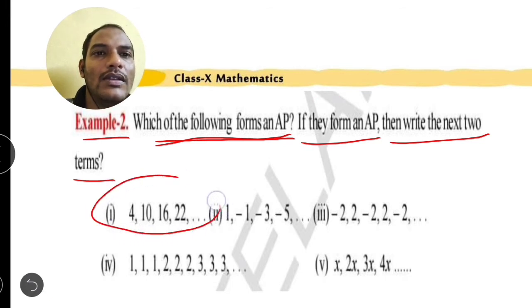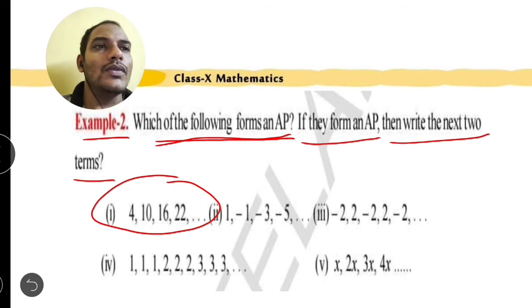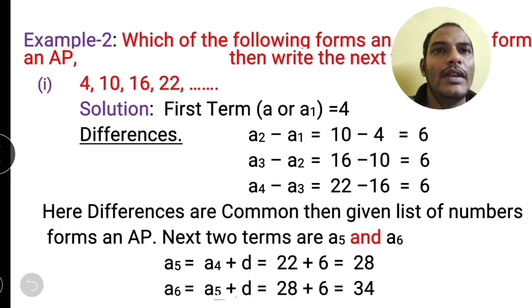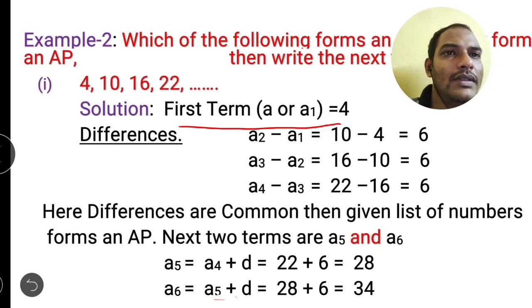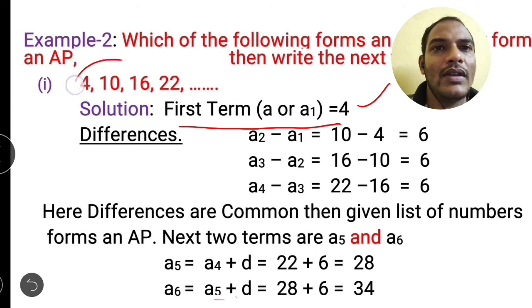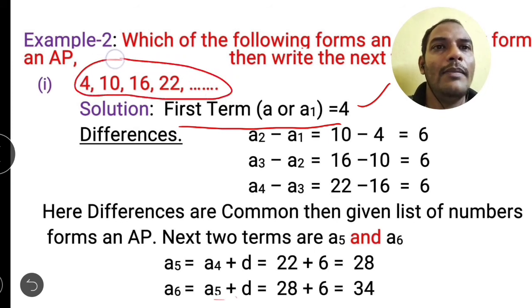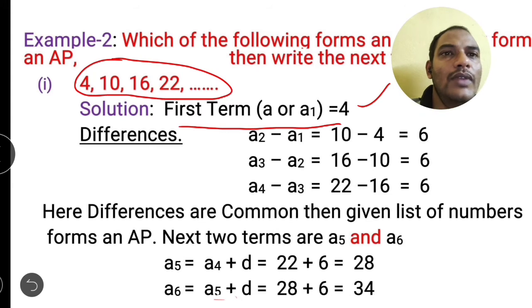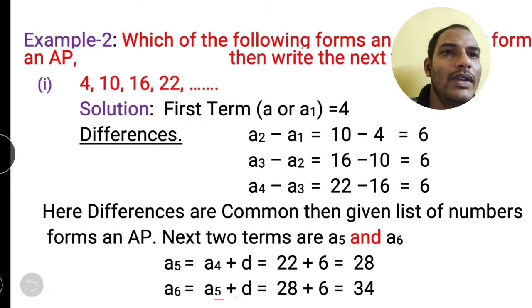4, 10, 16, 22. See here, first term is A or A1, it is equals to 4. So whether this given list of the numbers form an AP or not. So to verify that, we have to find out some differences. So the first difference is A2 minus A1.